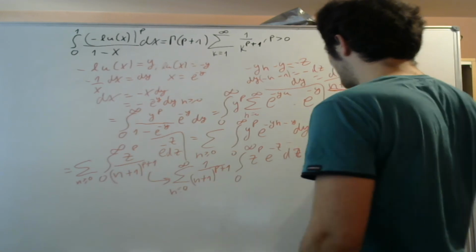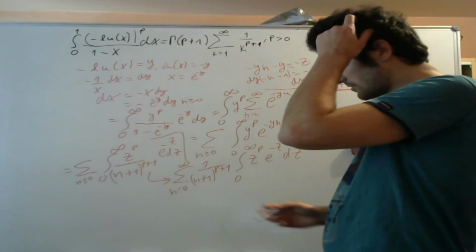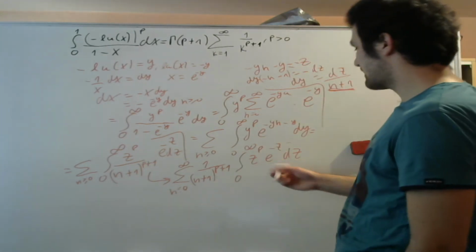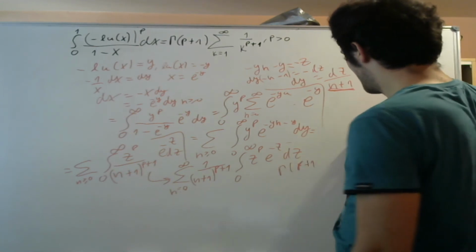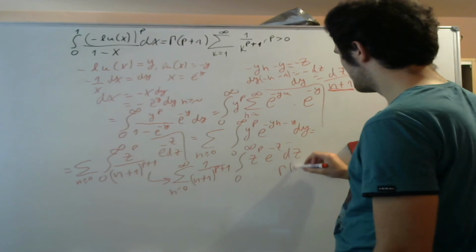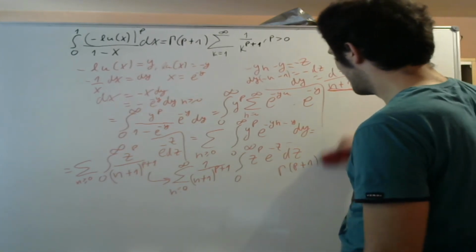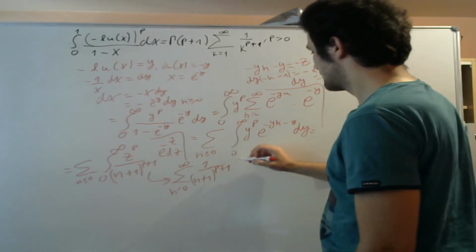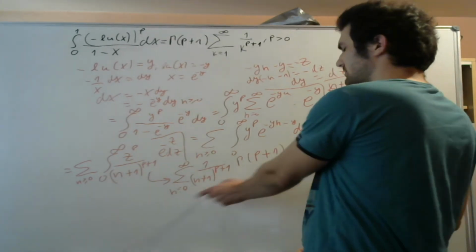I have done this integral many times in the past in my videos, so I won't use a lot of time for this. This is a gamma function, gamma of p plus 1. So let me erase this. Times gamma of p plus 1. This is independent of the sum.